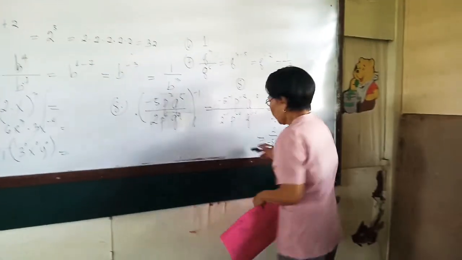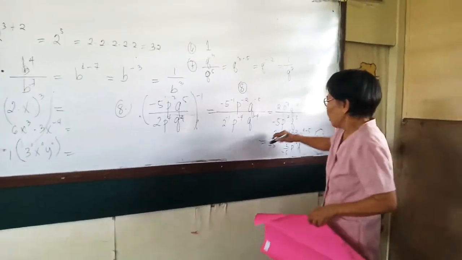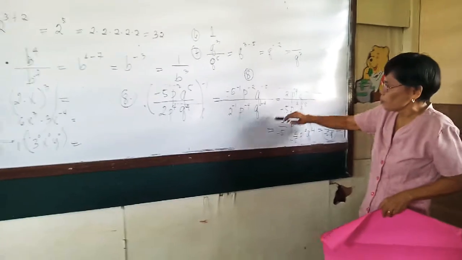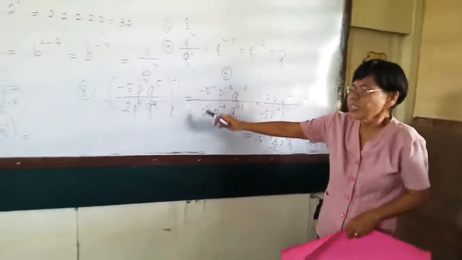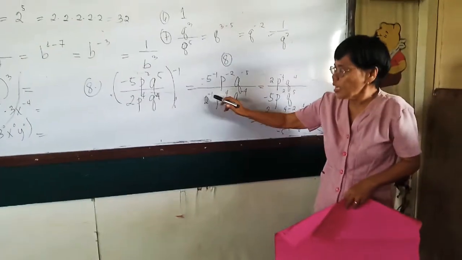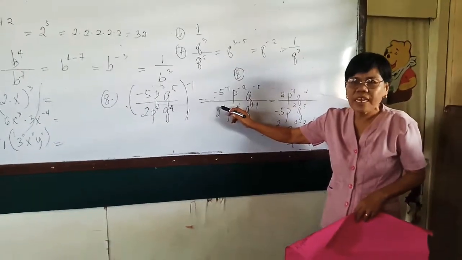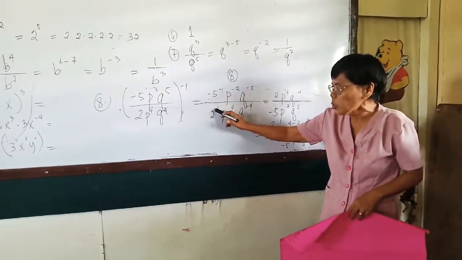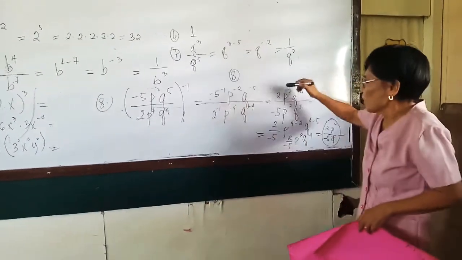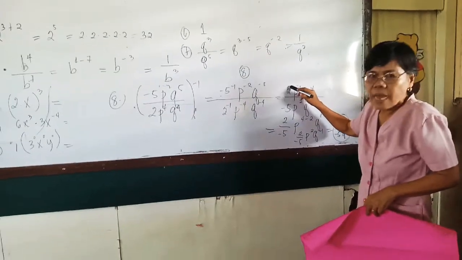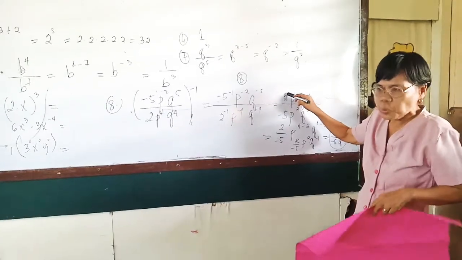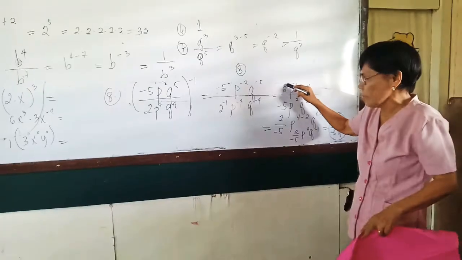Yes, you raise up the 2 here because this is negative. To eliminate the negative sign of the exponent, you bring it up so that the negative sign of the exponent will be eliminated.